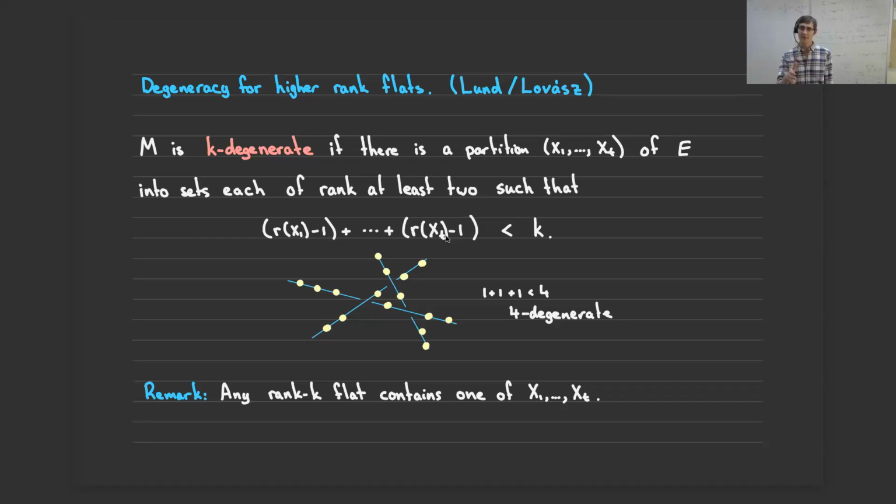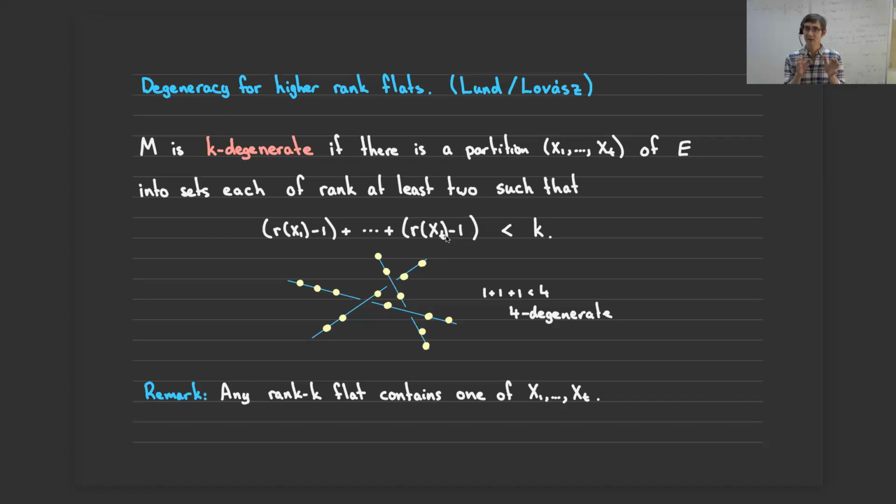And now let's think about why that's related to average flat sizes. Suppose you give me an example which has this k-degeneracy. Add a point freely to x1. It still contains the same degeneracy problem. And I can now add 1,000,000 points to each of x1 up to xt freely. Like each set, I just add 1,000,000 points freely. And now the average size of a rank k flat is going to be at least 1,000,000, because I just added 1,000,000 points to each of those sets, and every rank k flat has to contain one of those sets.